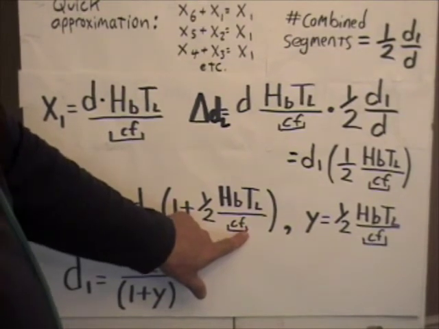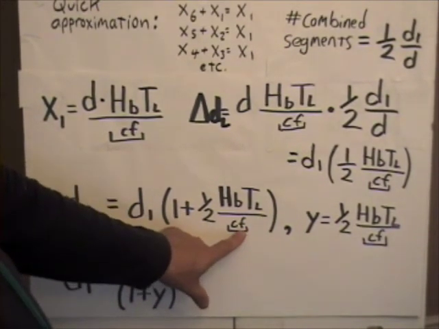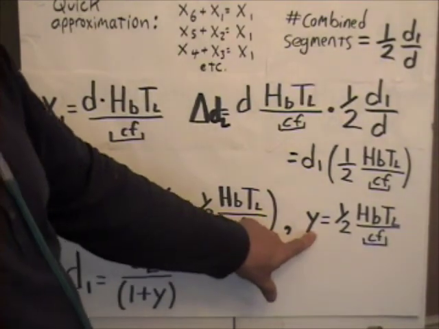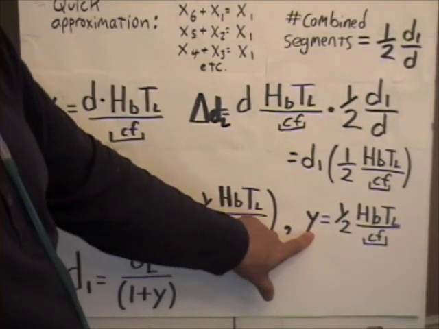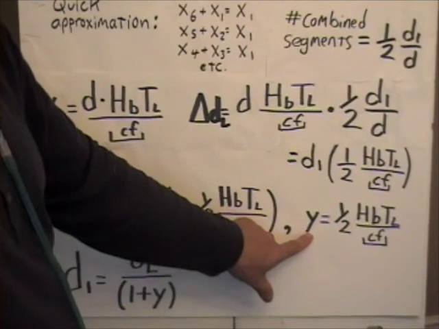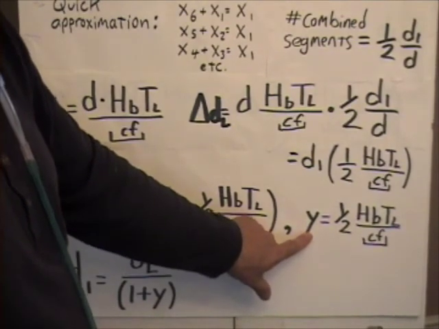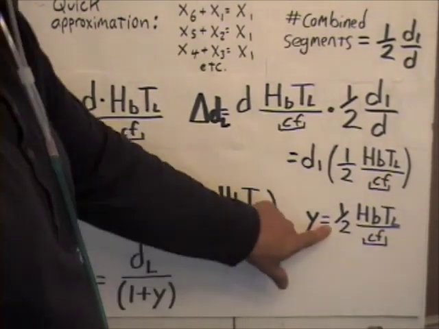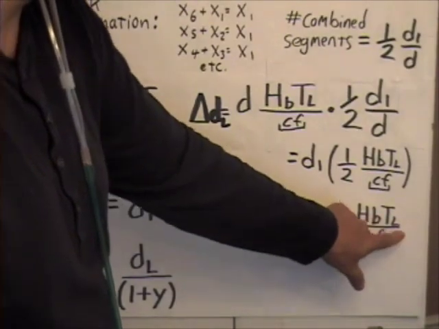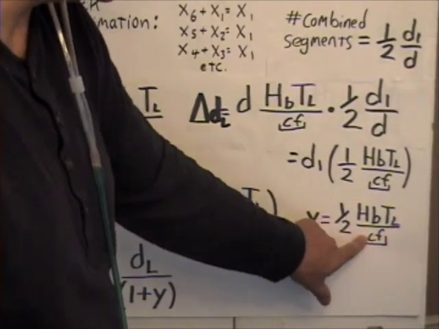And just for convenience of writing things down, I picked a variable, y, for no particular reason, and let that equal all of this, 1/2 hbtl over CF.